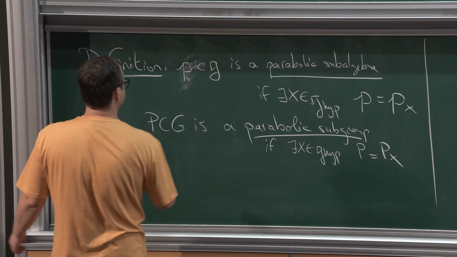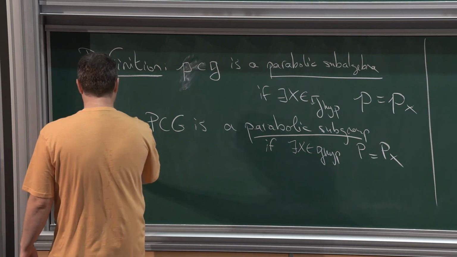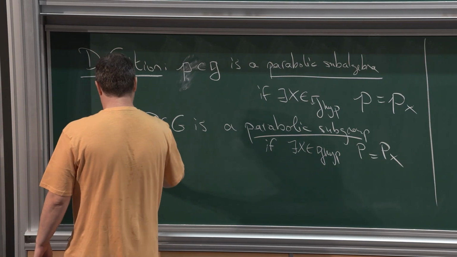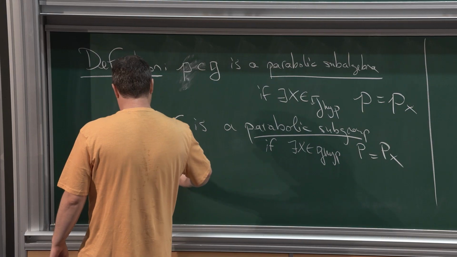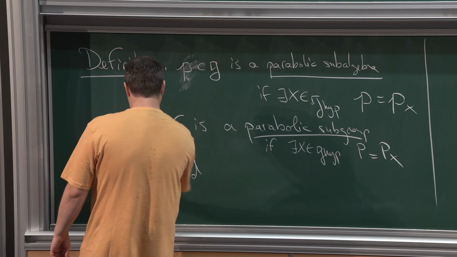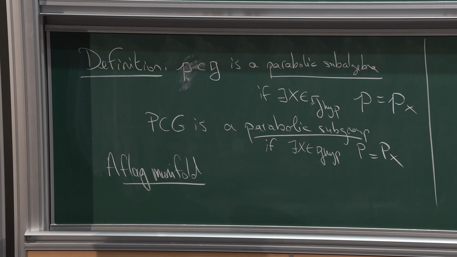And the last definition here will be a flag manifold for G, and that would just be a homogeneous space isomorphic to some G mod P, right?